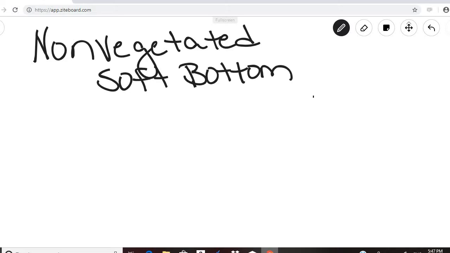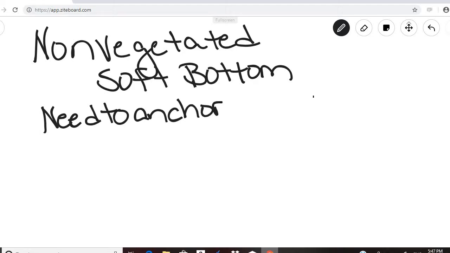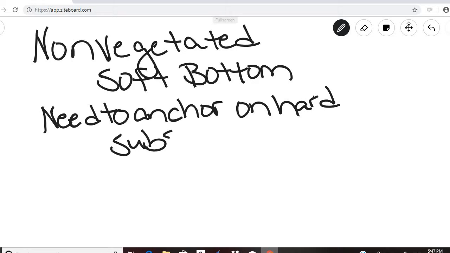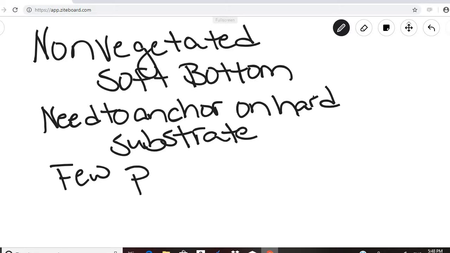One of the things to remember is that in order for plants to survive in the ocean, they need to anchor on a hard substrate. And so obviously in a soft bottom, they are going to have trouble finding that hard substrate. So that means that there are very few plants in this area.